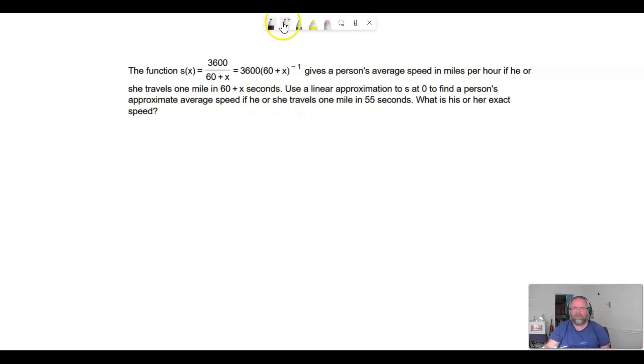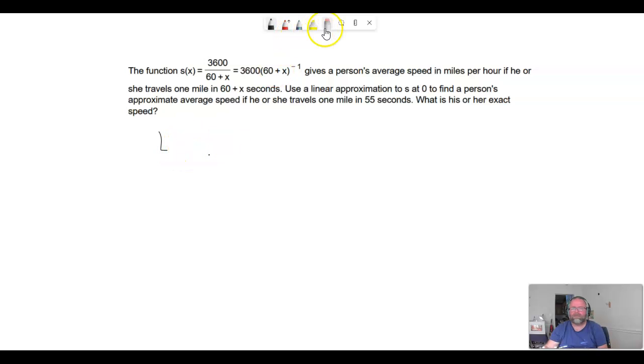And then it asks, what is his or her exact speed? All right, so let's first write the linear approximation formula, and we'll do it in terms of s of x so it matches this problem.